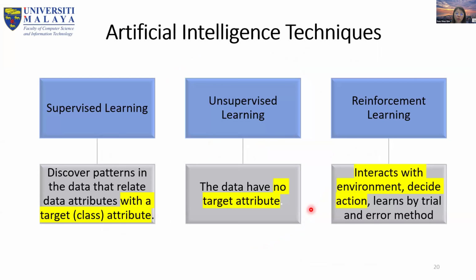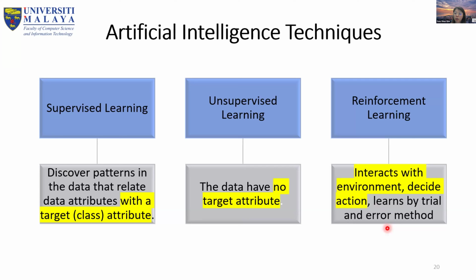So this is supervised learning. And there are also two other AI techniques, which are unsupervised learning and reinforcement learning. For unsupervised learning, the data will not have any target attributes, meaning that when you pass in the data, it won't have any labeling. Reinforcement learning is a technique that interacts with the environment, decides on actions, and learns by trial and error.